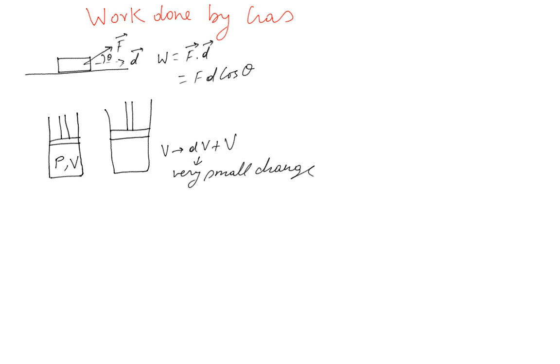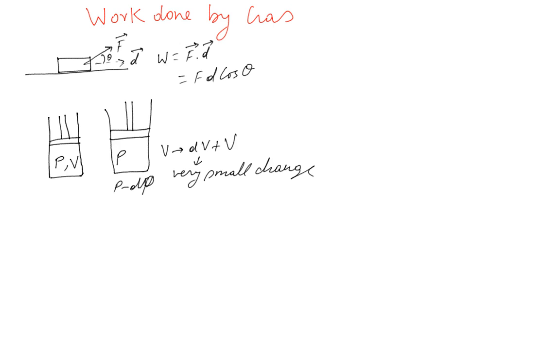Now, if this is a very small change, we can approximate that P is going to stay the same. As a matter of fact, you can also say that P has changed to P minus dP, but the contribution from dP can be ignored. So let's assume the pressure stays the same, which is P.